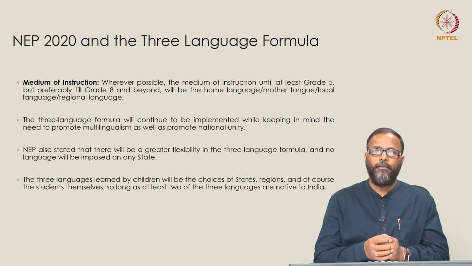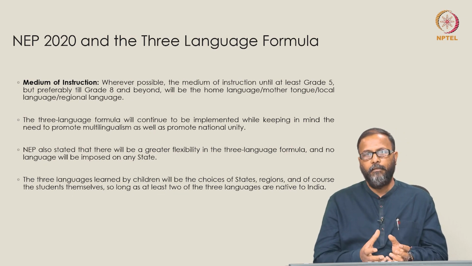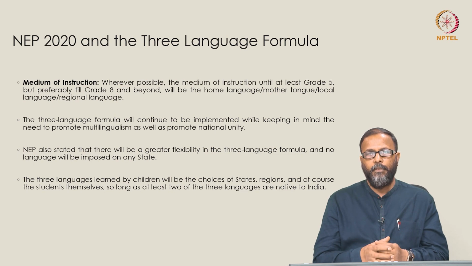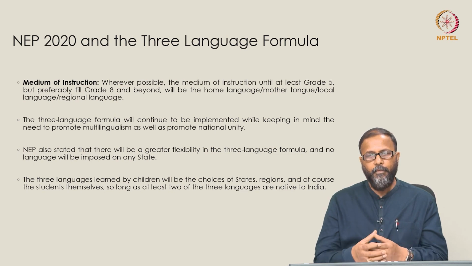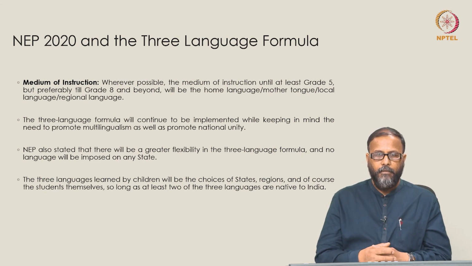Article 29 gives us the right to preserve our language, culture, heritage, and scripts, and it is up to the governments of the states to adopt more than one language as official language.